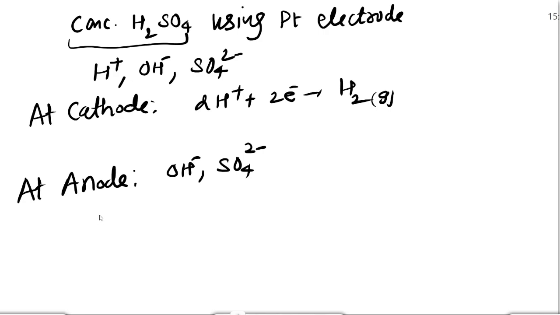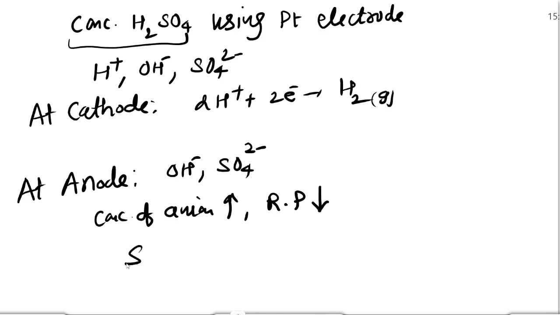So if concentration of anion increases, reduction potential will increase or decrease? Decrease. Yes, reduction potential decreases. That's why sulfate loses electron.